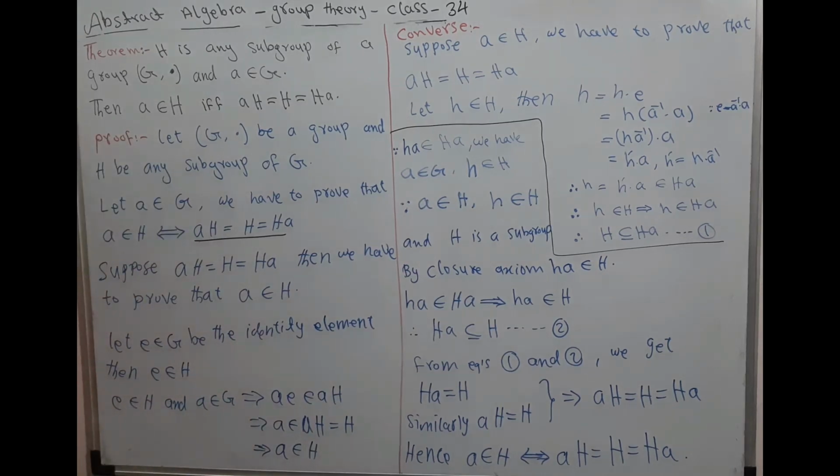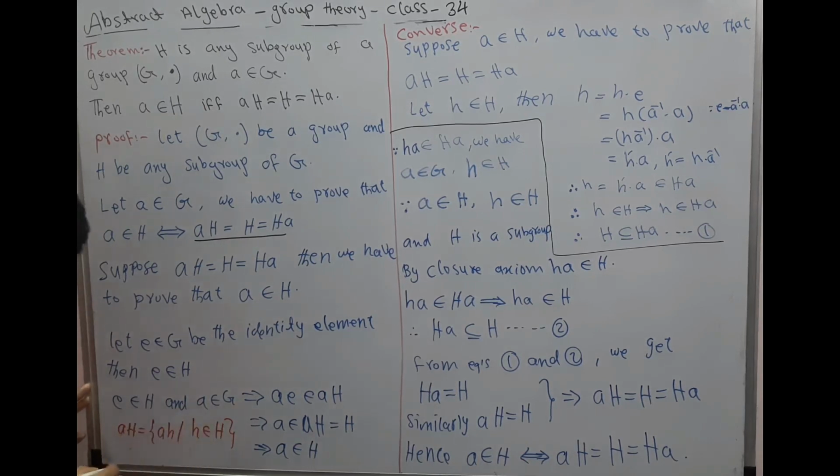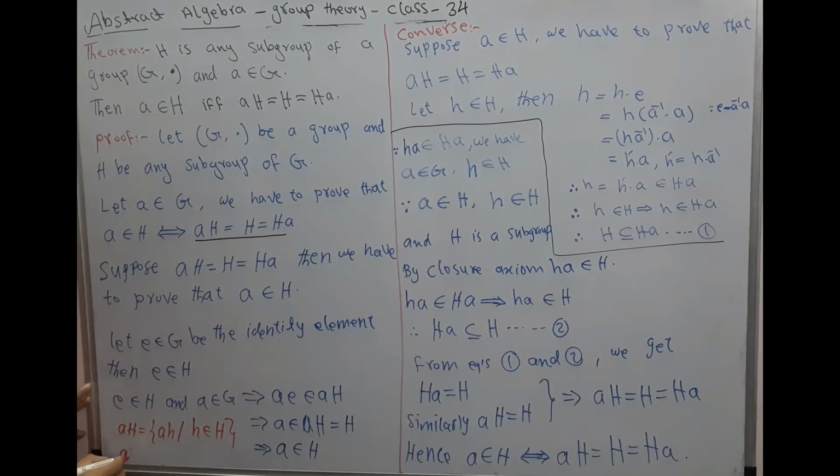We define the left coset as aH = {ah such that h belongs to H}. Also, we know that aH = {a·e such that e belongs to H}.